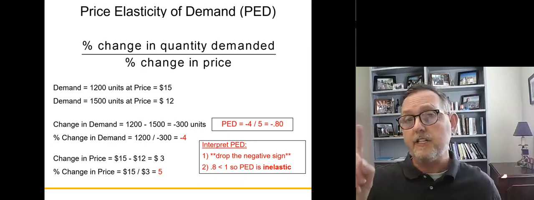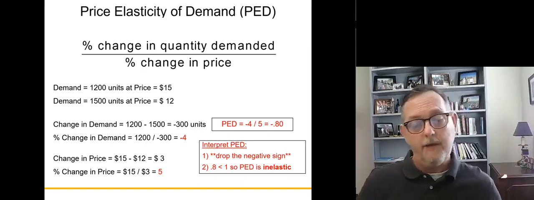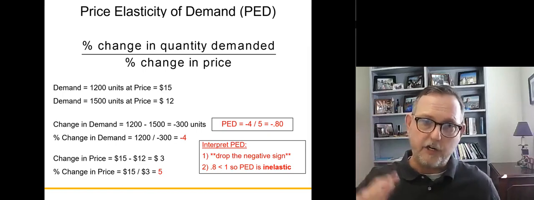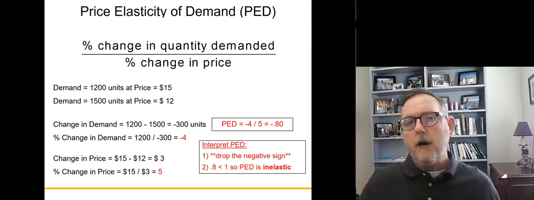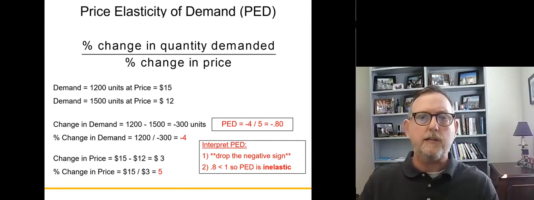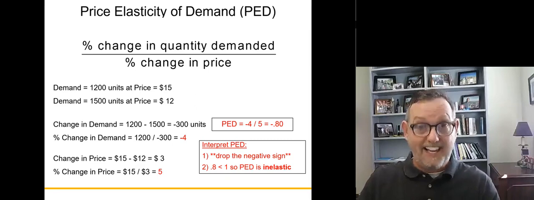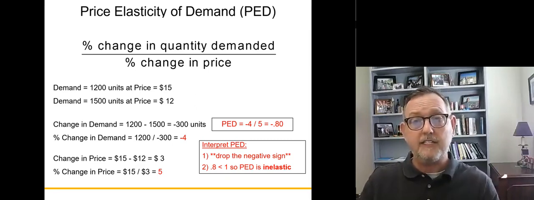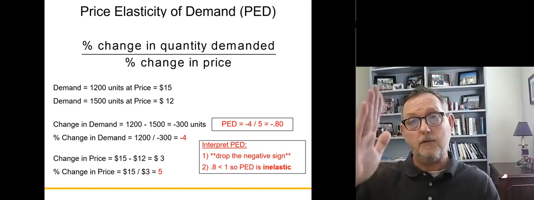When we say 1, that's called unitary elasticity, and it's a 45-degree angle on that chart. Okay, so we have something less than 1. And so number 1, drop the negative sign. So now we're left with 0.8, and that's less than 1. So our price elasticity of demand is said to be inelastic.